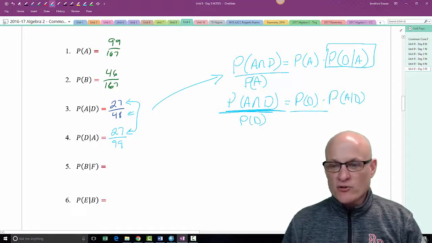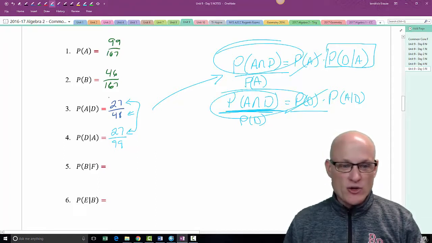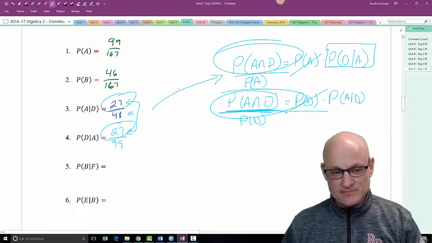But whatever, notice what the numerator is in each case. It's the same, which is why the numerators here are going to be the same. The denominators are going to be slightly different.